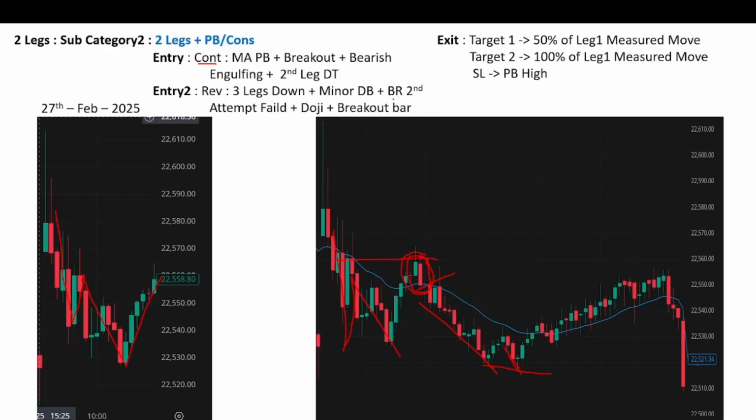Bears' second attempt failed, and we had doji followed by bull breakout bar. You can enter here, and if you had seen 3 consecutive bear bars and exited here, you can enter here again, but it turned out to be a weak bull channel, but it can still give you some profit.